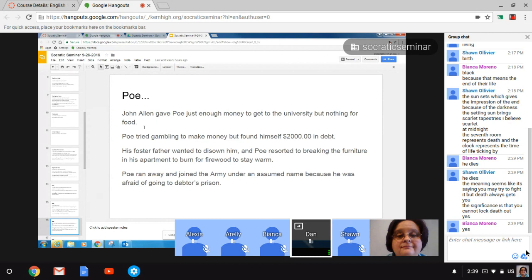And his foster father wanted to disown him. But Poe resorted to breaking the furniture in his apartment to burn for firewood to stay warm, because his foster father would not send him any money for firewood or food. And so Poe didn't really have a choice.